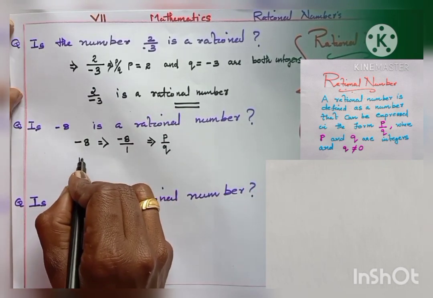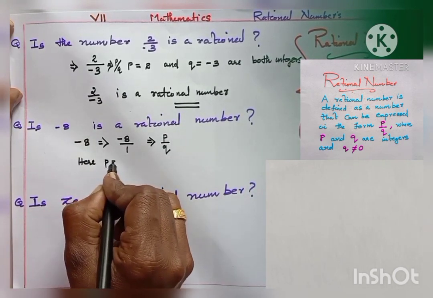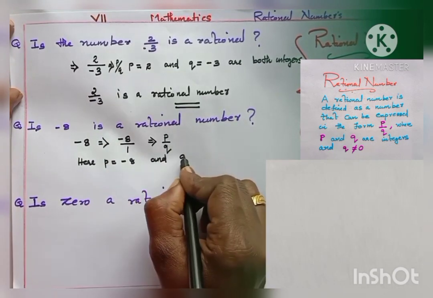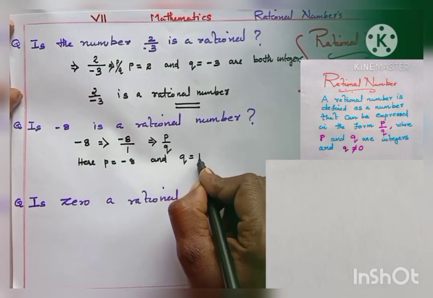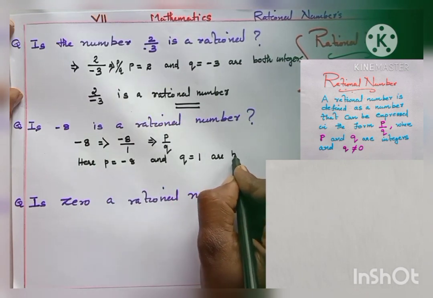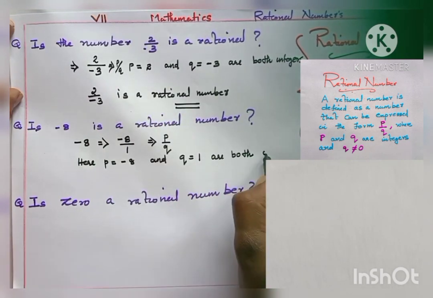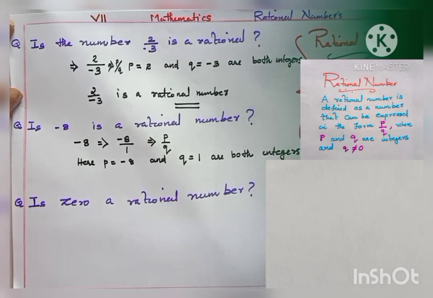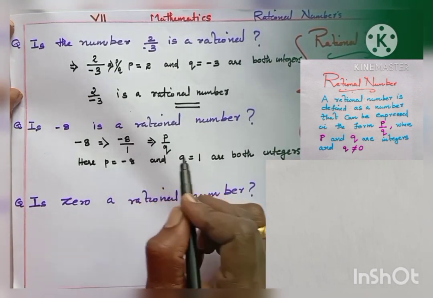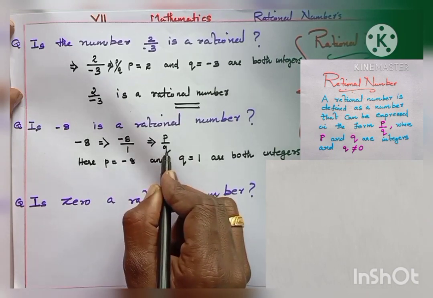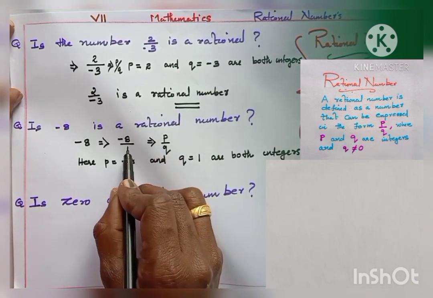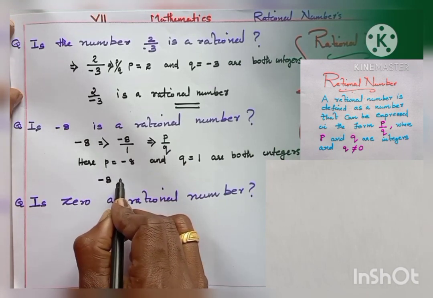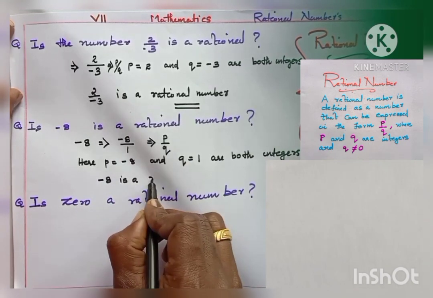Here p is equal to minus 8 and q is equal to 1, both integers. So a rational number is of the form p by q, where p and q are integers and q is not equal to 0. Here q equal to 1, not equal to 0. So minus 8 is a rational number.